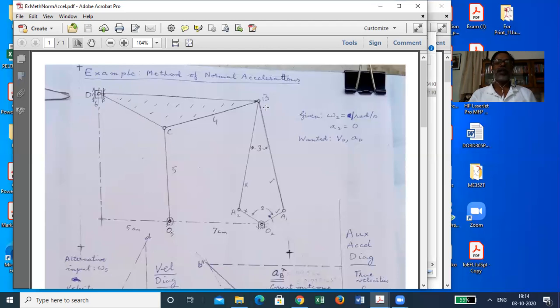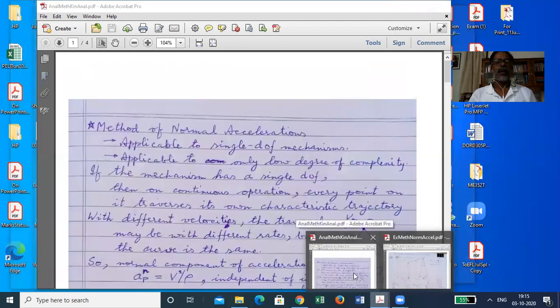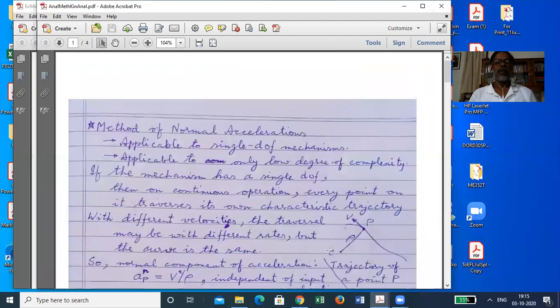After that, you position the ternary, and once you position the ternary, then you can position this dyad. So at every stage there is a dyad. After knowing this, you first fix this dyad, then you fix this ternary, which is again a dyad, and then finally fix this dyad. So this is low degree of complexity, and that is the issue, because method of normal accelerations.